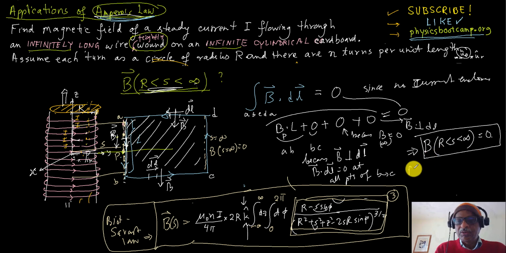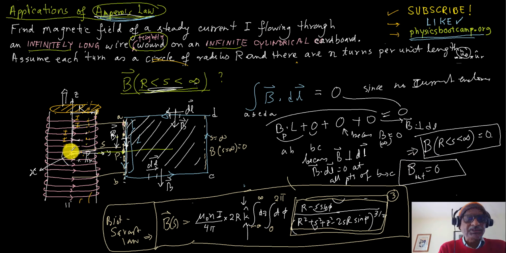So B out is equal to 0. So outside an infinitely long cylinder in which everything is wound very tightly, this is tightly wound, where we converted this to a continuous current on a surface, for this assumption, B out is 0.